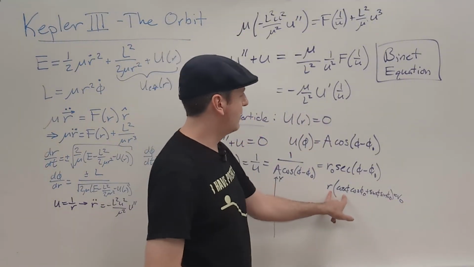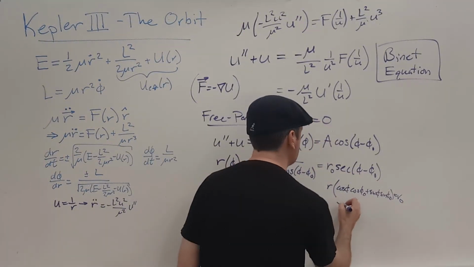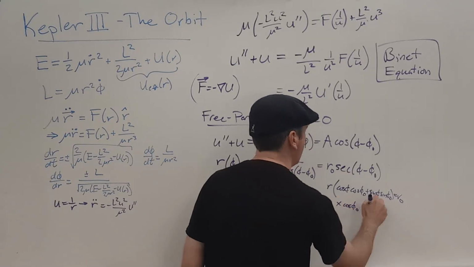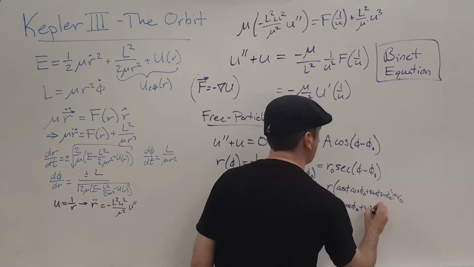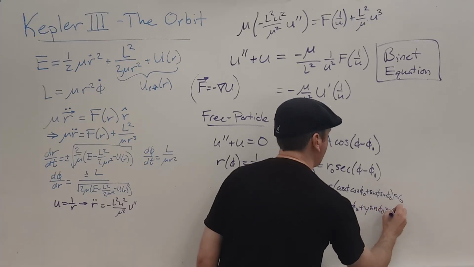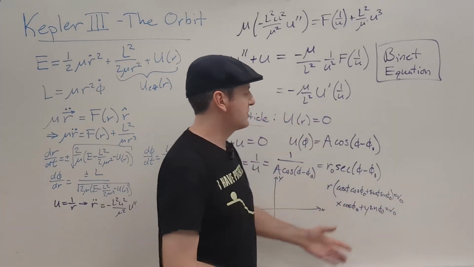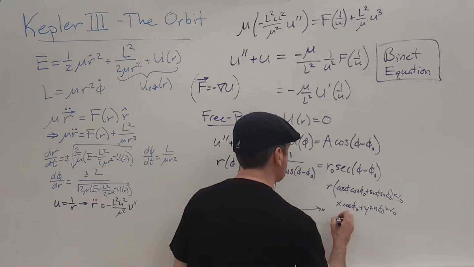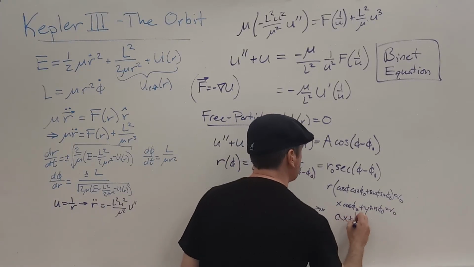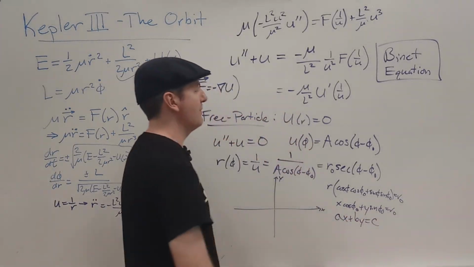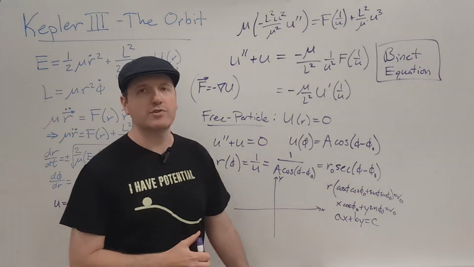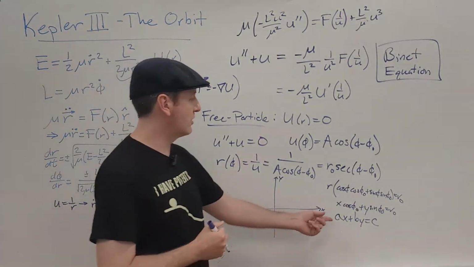And then when I distribute, r cosine phi is exactly x, and r sine phi is exactly y. And then these two terms are just two constants. So I could call this something like ax plus by equals some other constant, which is of course the equation of a straight line in Cartesian coordinates.